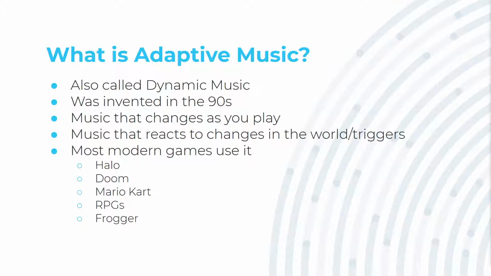LucasArts also kind of started this back in the 90s with software called iMuse, which was used in Monkey Island 2. But even before that, back in the 18th century, before video games, it started with musical dice games. So how these would work is you'd be at a pub or something with the boys, and there'd be a band.